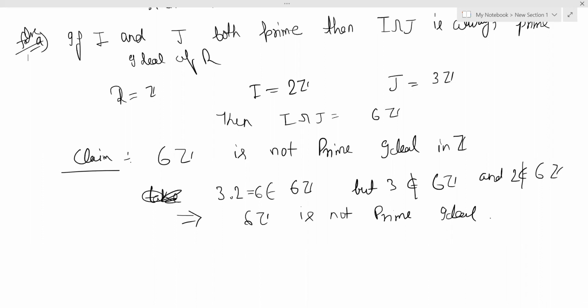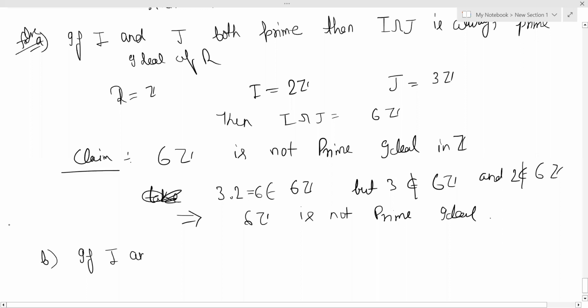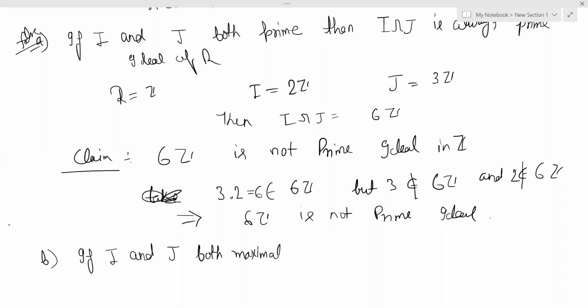Next is: if I and J are both maximal, then I intersection J is always a prime ideal.